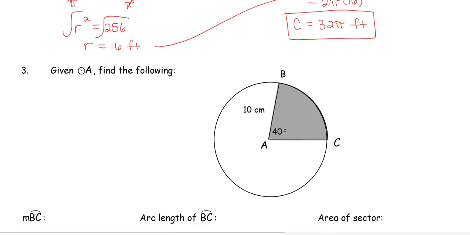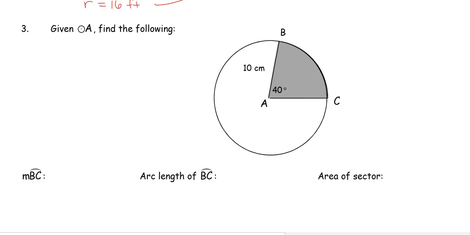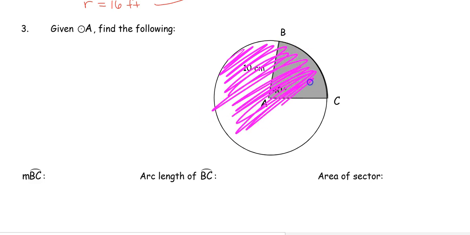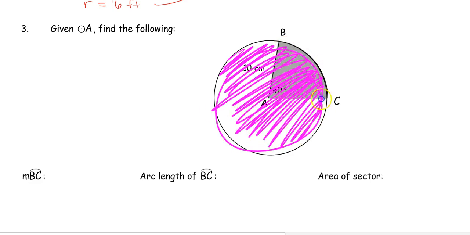Now we're going to move into sector area and arc length. There's a couple things that we want to note: what is circumference and what is area? The area of the circle means I'm finding everything inside of this circle. The circumference of the circle is the distance around the circle.